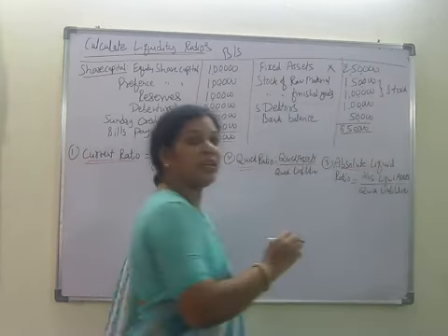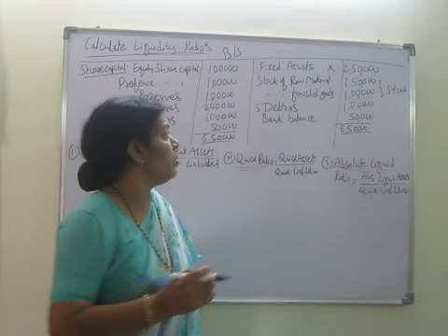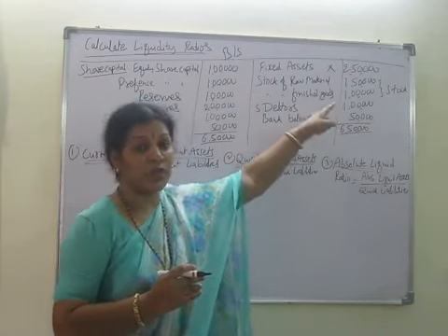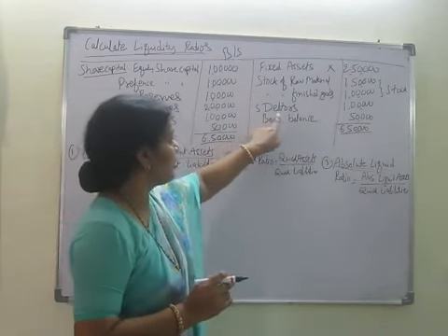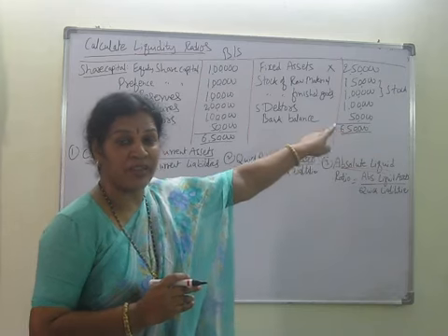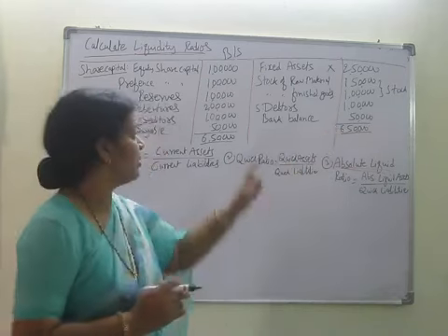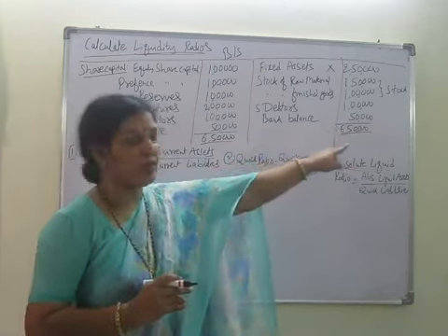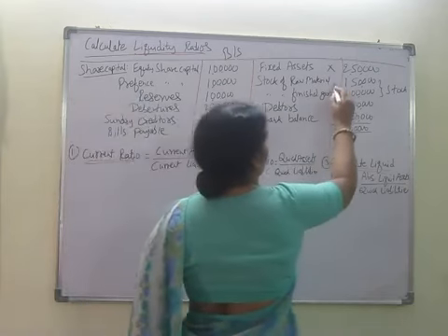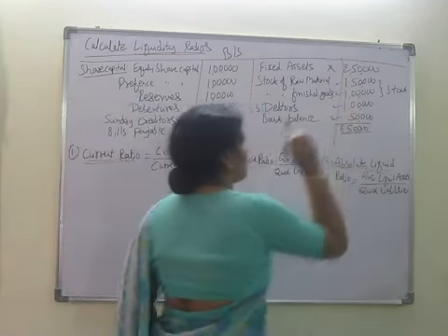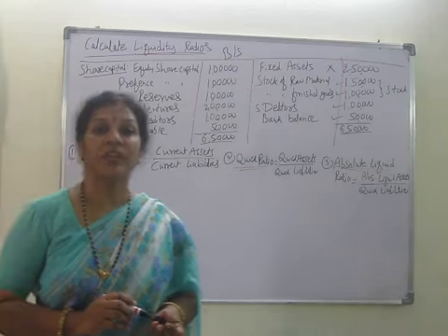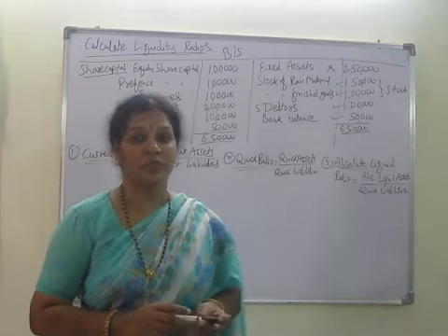They have given them separately, but it doesn't matter. Stock value is 1,50,000 plus 1 lakh, 2,50,000. And sundry debtors, 1 lakh. This is a current asset. Bank balance, 50,000. So we are going to consider these 4 for the liquidity ratios.